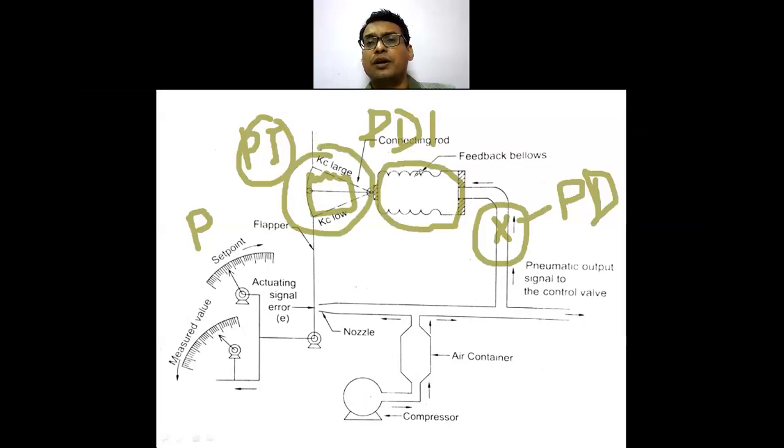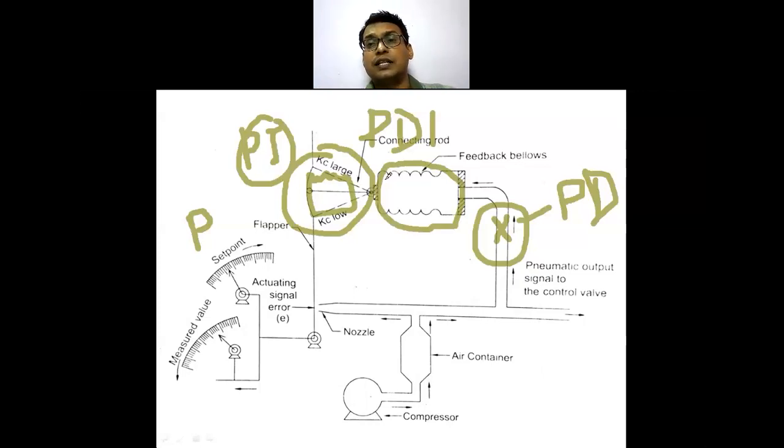This is nothing but your bellow. What is a bellow? It absorbs the fluctuations in the pressure. If the pressure exerted increases, the bellow gets expanded. If pressure reduces, the bellow gets contracted. That is the function of a bellow.